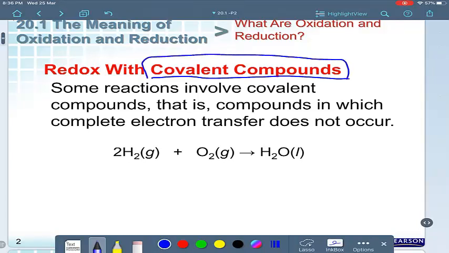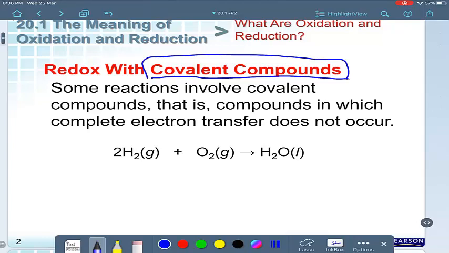Some reactions involve these covalent compounds or molecular compounds, I mean molecules involving not an ionic bond but a covalent bond. Recall what we studied before about covalent bonds. No losing, no gaining electrons, but partial movement of electrons. Sharing, you remember that?